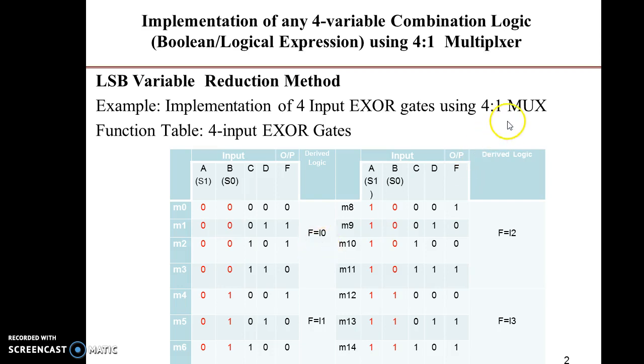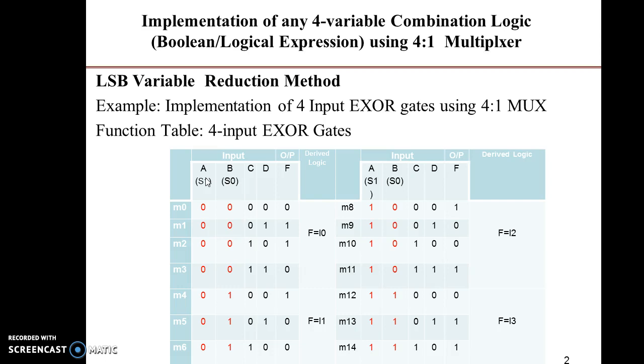By observing the interface of the 4:1 multiplexer, we know it has a total of 4 data input pins, 2 select input pins and 1 data output pin. By observing the interface of the 4 input XOR gate, it has 4 data inputs and 1 data output pin.